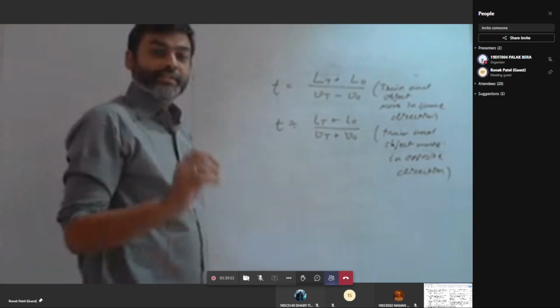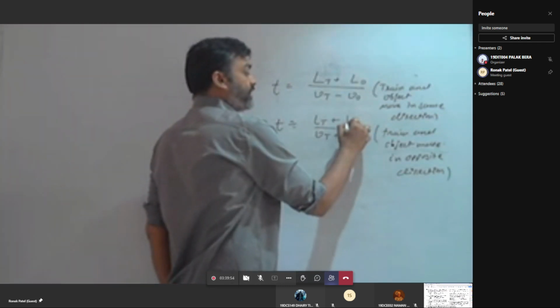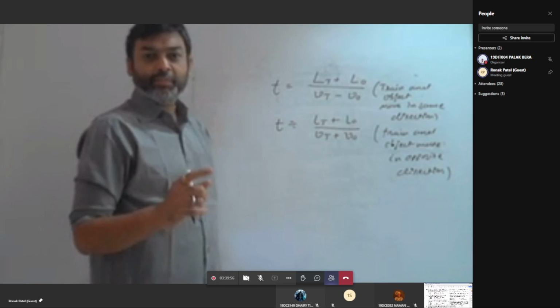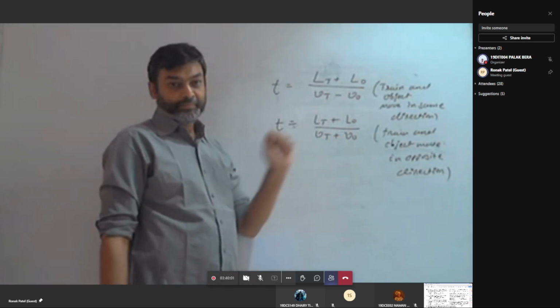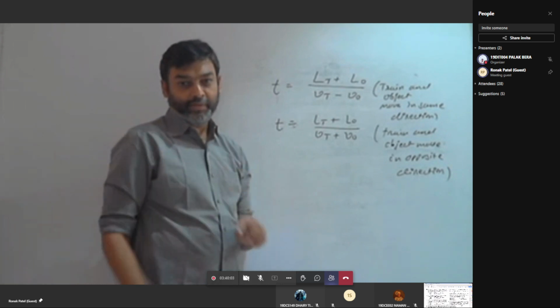So always in this kind of sums, identify the object, its length, where length means horizontal length, not vertical length of the object, and its speed. Look at question number 18. Everybody, go through it once.